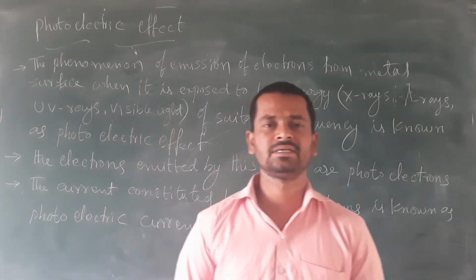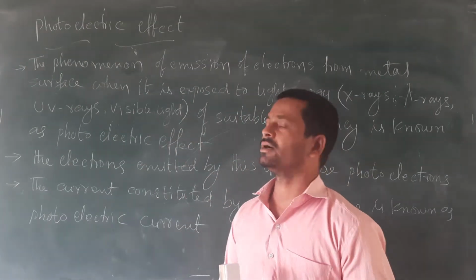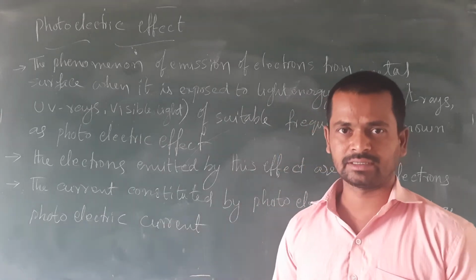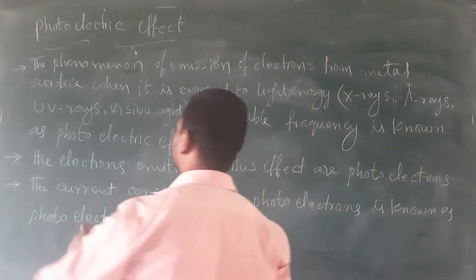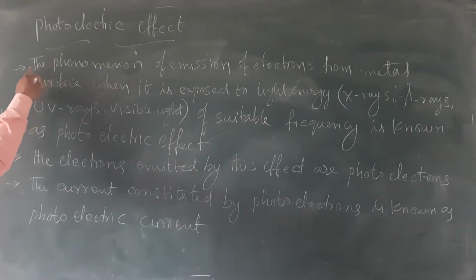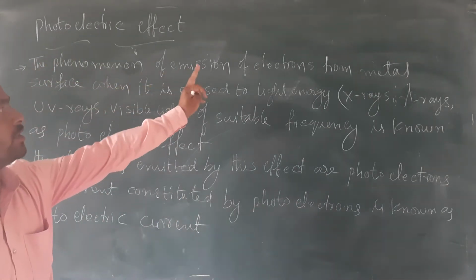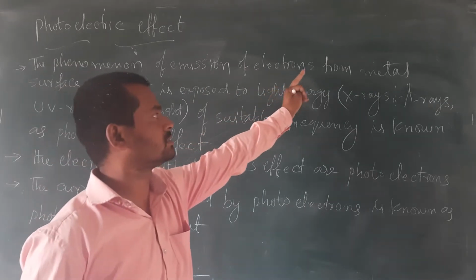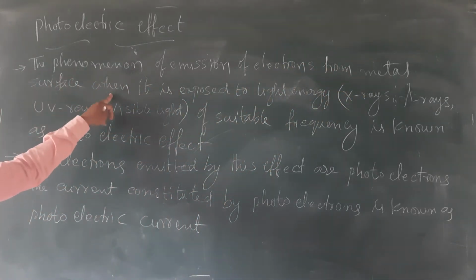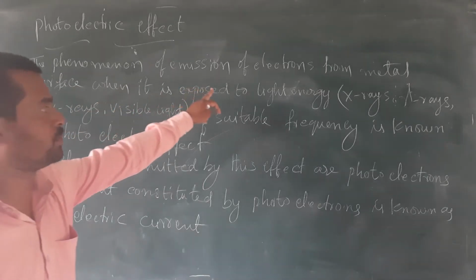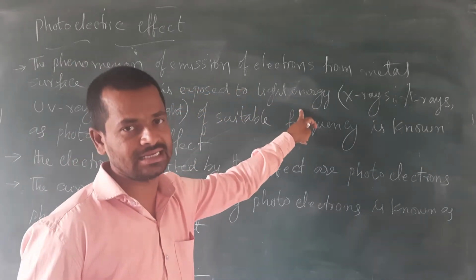Hi viewers. So today's topic is the photoelectric effect. The definition of the photoelectric effect is the phenomenon of emission of electrons from a metal surface when it is exposed to light energy.